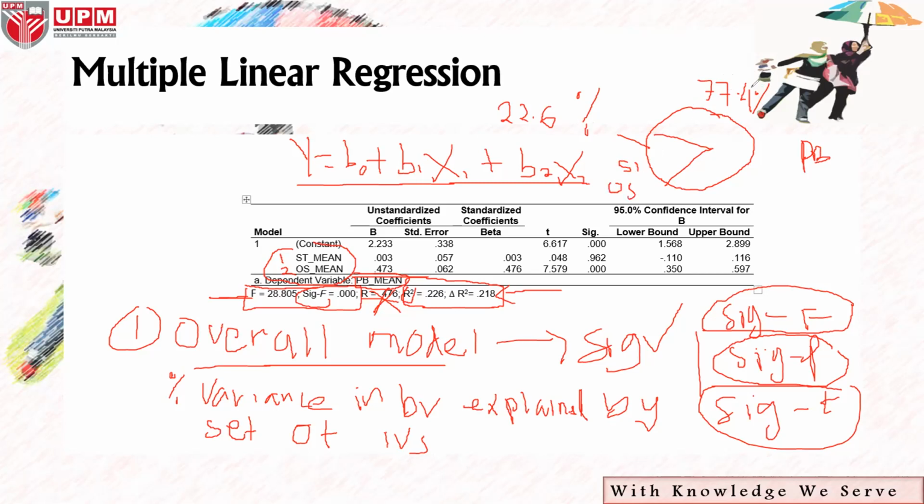Lagi tu 77.4 ni kat mana? Where's the rest? 77.4% can be explained by another variable that is not included in our study.